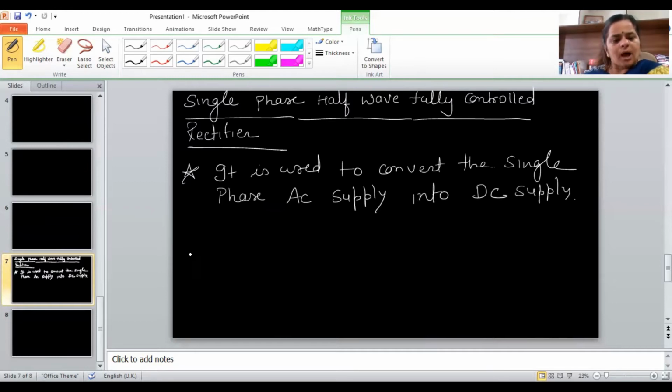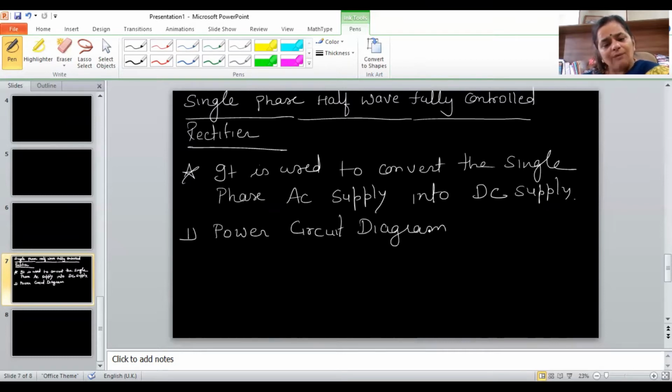Okay. Now let us talk about its power circuit diagram. So, the power circuit diagram of a single phase half wave fully controlled rectifier.